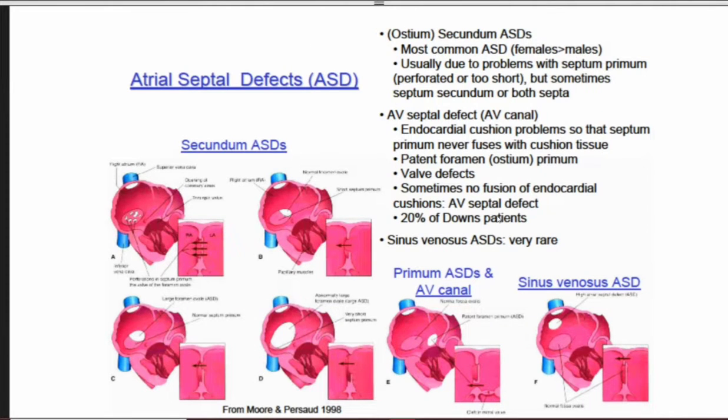Defects in the formation of the interatrial septum result in atrial septal defect. And according to the defects, we have septum primum ASD, septum secundum ASD, sinus venosus ASD, and another type of ASD.